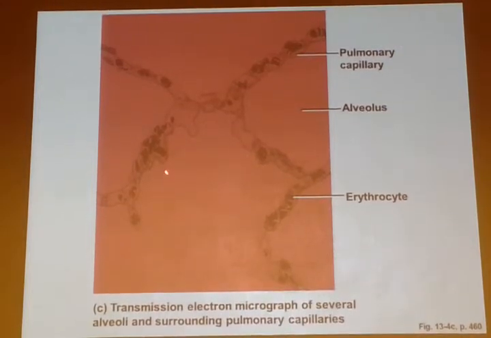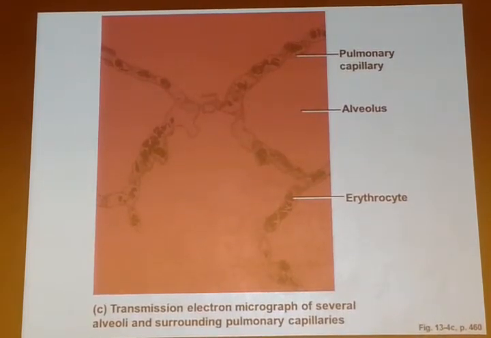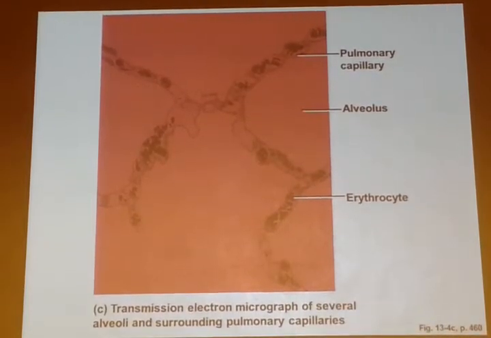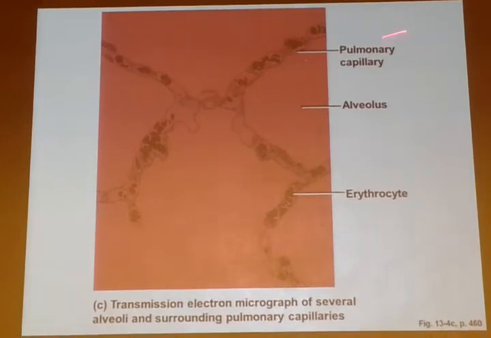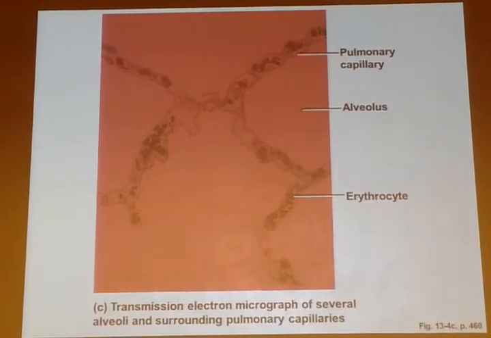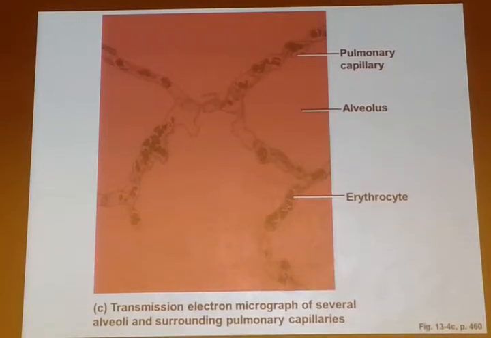If you have low O2 concentrations here, you're going to slow the transit time of your red blood cells down so you have time to get the few oxygen molecules to the red blood cell, to the hemoglobin. If you have a lot of O2 here, you can speed up the transit time of the red blood cell because you have a lot of oxygen that will be diffusing across and you'll still get enough oxygen loaded on the hemoglobin. So here we've got precapillary sphincters again.